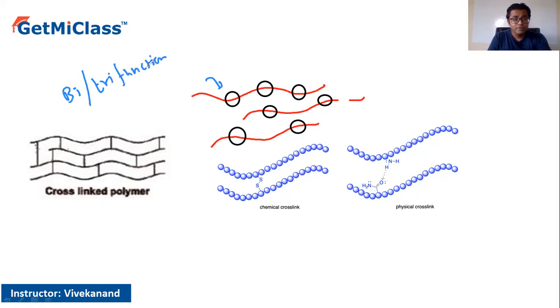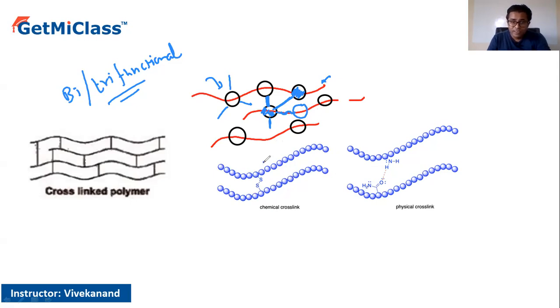That means they are going to have two or three linking sites. So due to this, these monomers do not only form a covalent bond with the next unit, they also form chain branches over here. They form the linking between two monomers of two different chains.